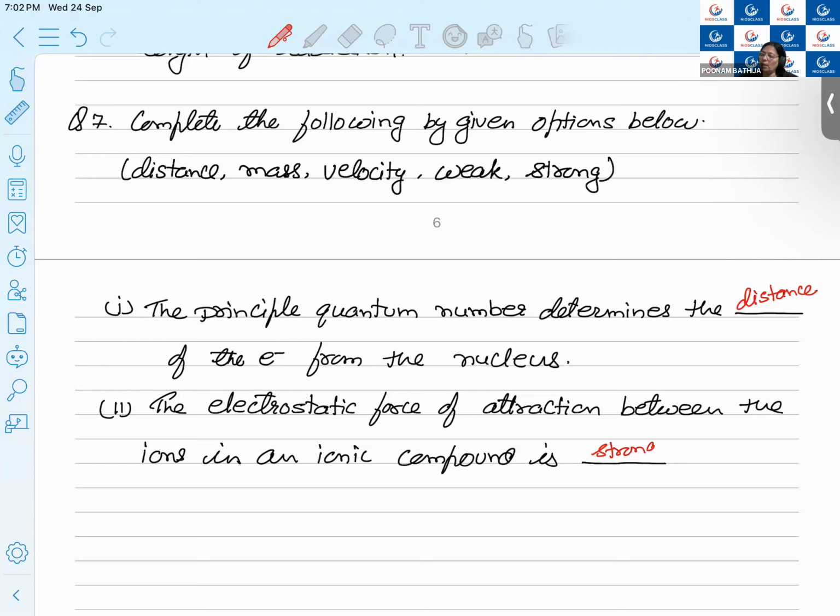So this will be strong. This question carries 2 marks, 1 plus 1, so you have to find the most appropriate option from the given ones.